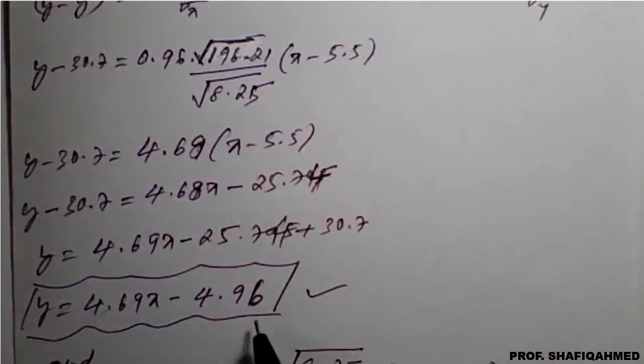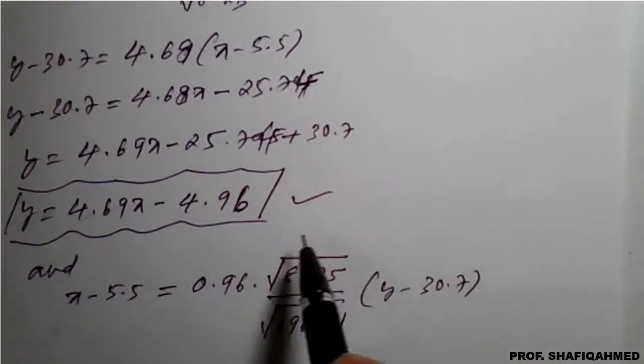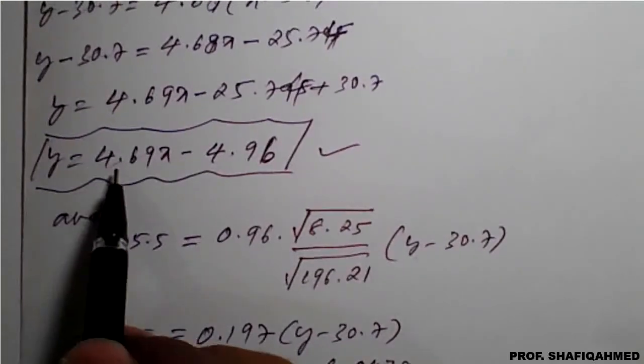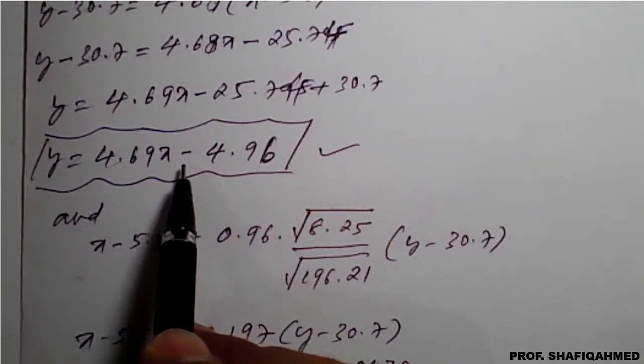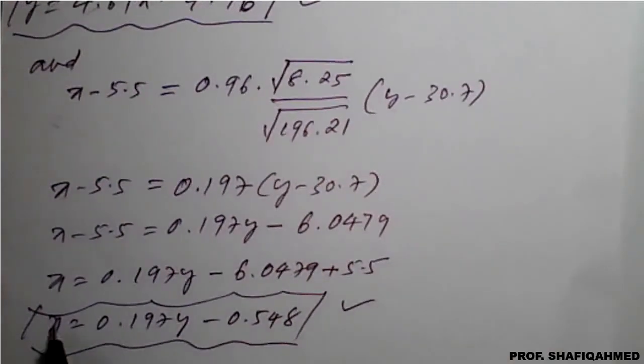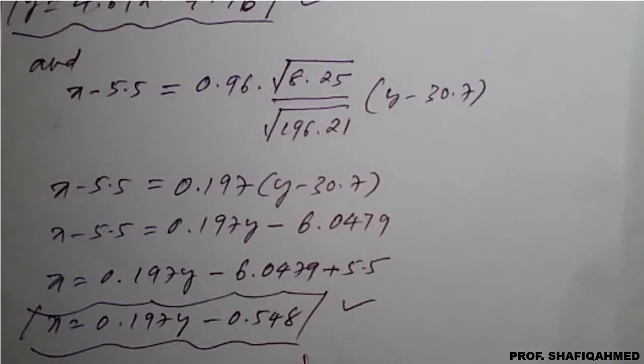Okay, so if you calculate you will find this. You cross check once again. So 4.96, and y is equal to 4.69x minus 4.96 is one regression line, and x is equal to 0.197y minus 0.548 is another regression line. So y on x and x on y. In this way we need to get the regression lines here.